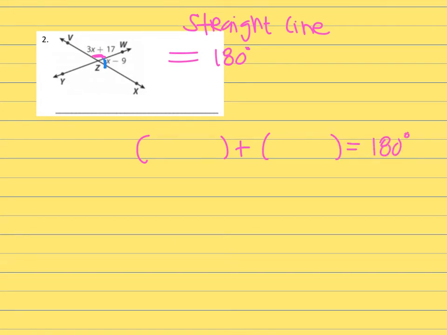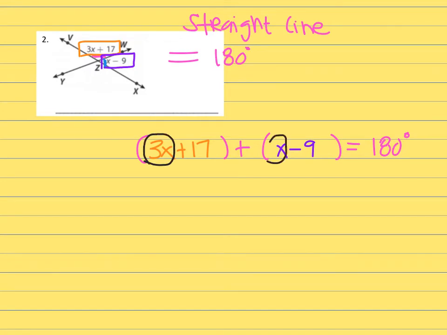My first angle that I'm going to use is the 3x plus 17. I'm going to put it in my first little holder. The second angle I'm going to use says x minus 9. Then I'm going to go back to that circle and box method that I used before, or you can put these together yourself in your head.